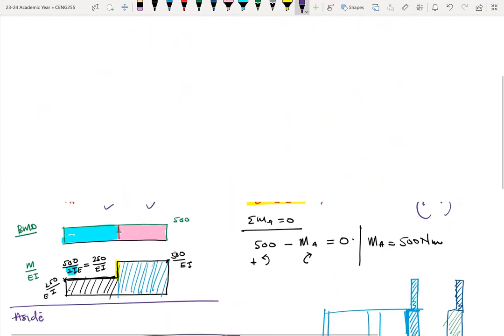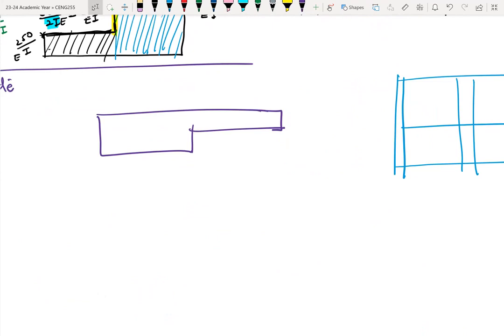So back here, I have this beam which has different sizes. Let me call this one beam AB, and then beam BC. The moment of inertia of AB and of BC will not be the same, because moment of inertia is dependent on the size and shape of that particular section.